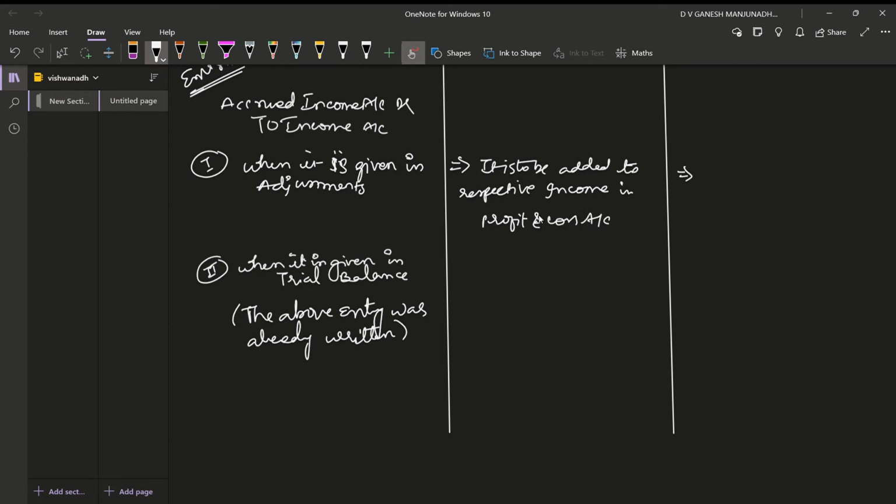Maximum adjustments are taken under profit and loss account only. Some adjustments related to wages, freight inwards, carriage inwards, etc., we record under trading account, but except for those, all adjustments will be in the profit and loss account only.